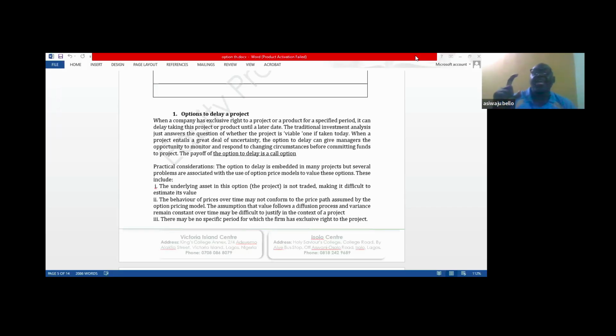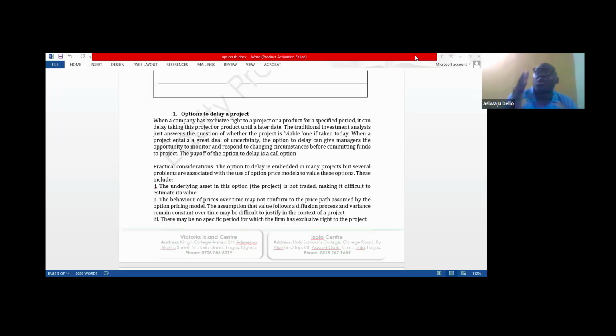The option to delay provides opportunity for the company's managers to monitor the investment risk and respond to changes in the risk before committing capital resources to the project.